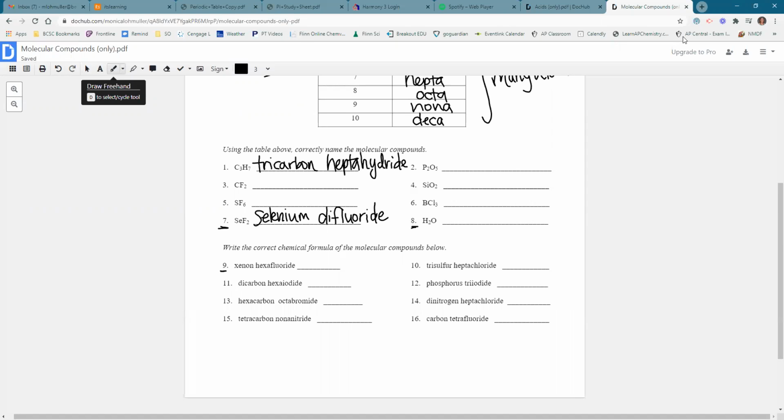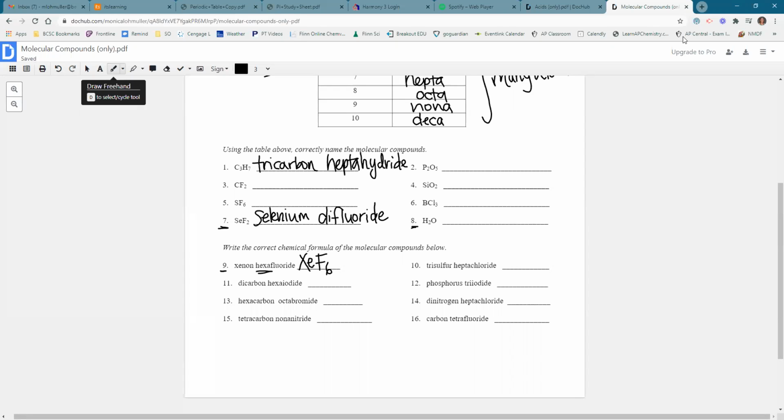So we have Xe for xenon, and hexa is 6, so we have 6 fluorines. XeF6 is the correct formula for xenon hexafluoride. No crossing, no charges, no balancing. It just straightforwardly tells you what it is.